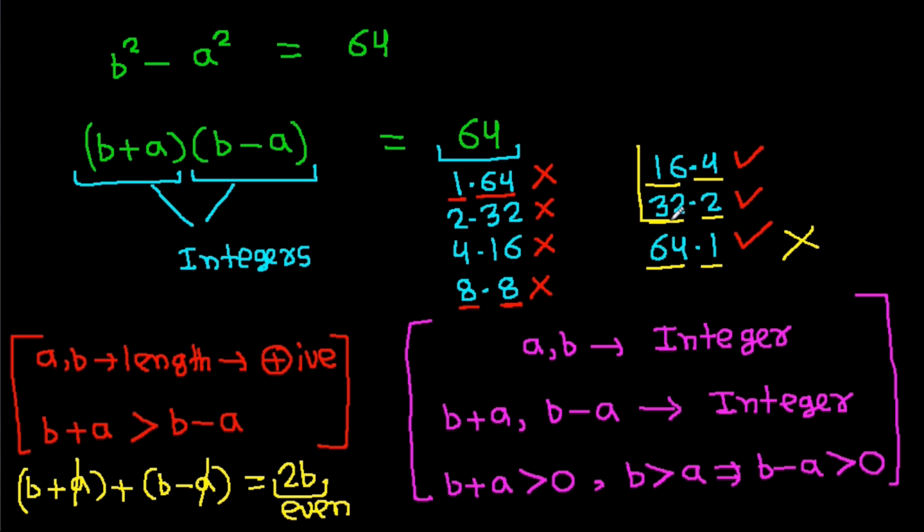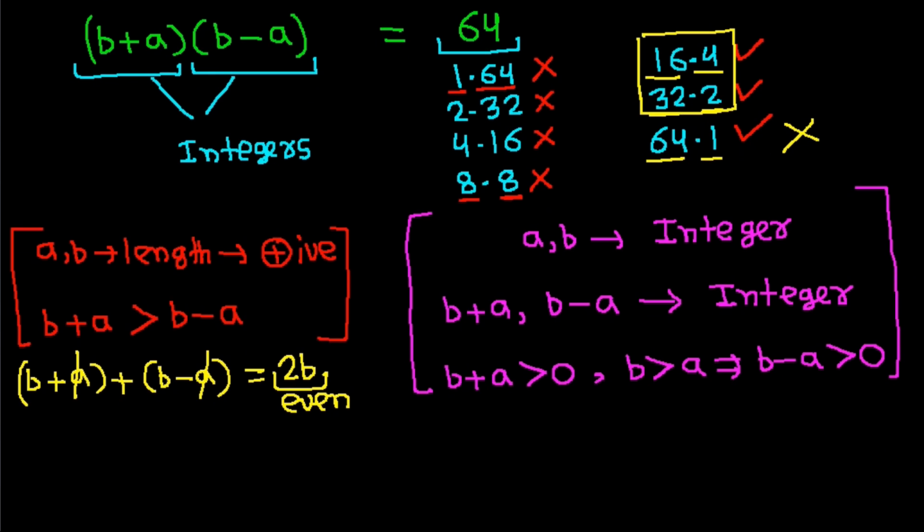So we have two possible cases, 16 and 4, and 32 and 2. So b plus a can be 16 and b minus a can be 4.